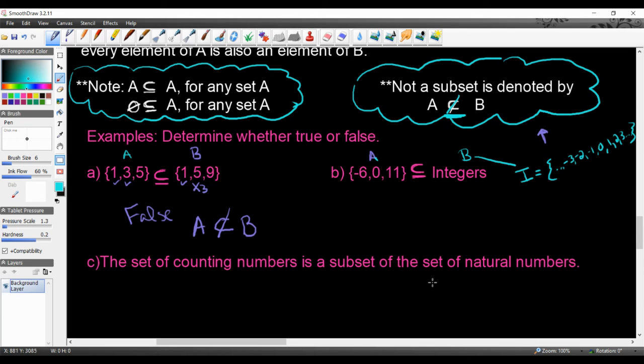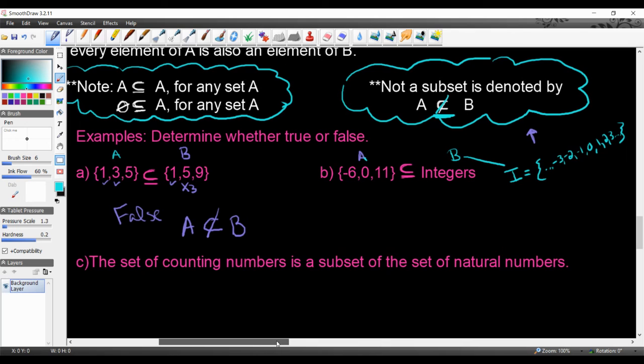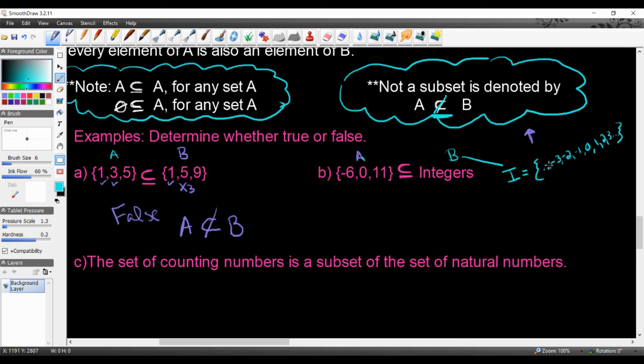The integers are pretty much all the whole numbers, including the negative ones and 0. Okay, so in other words, all these numbers are part of set B. So -6 would be in there. 0 is here, it's right in the middle, and 11 would be somewhere over here. So all of these are in fact inside the set of integers. So for this one, we would say that it's true, that A is in fact a subset of B.